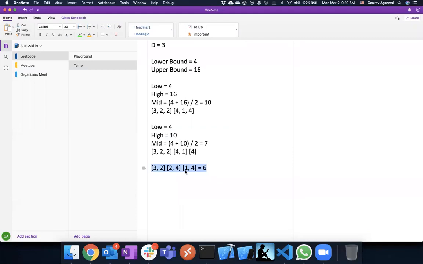If we take high as mid minus 1, then our low would be 4 and high would be 9. But going lower is fine. Like you mentioned in the first example, if we have infinite days, I can ship 7 at max, but I can still send smaller packages every day.